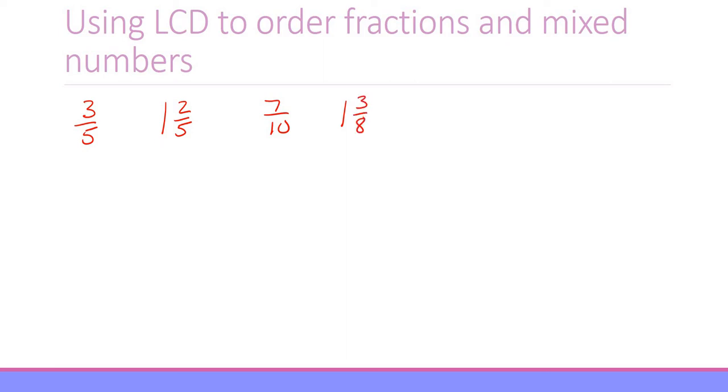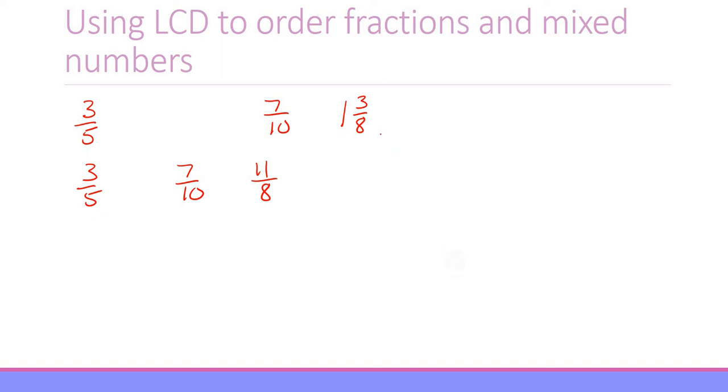And I want to know what's the biggest and smallest of these values. So the first thing I'm going to do is put them into, I shouldn't have done this one. Let's leave this one out because that one's already the same common denominator. Okay, 3/5, 7/10, and 11/8. And I want to compare these using a common denominator.